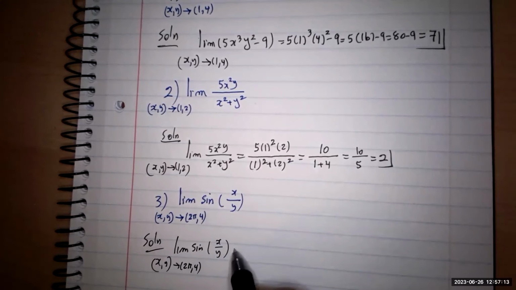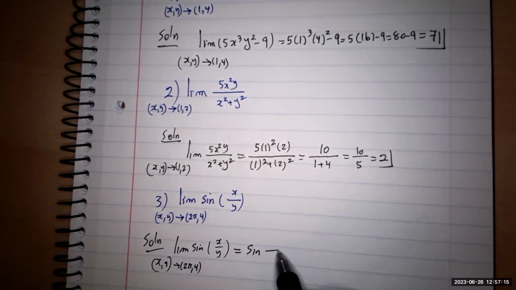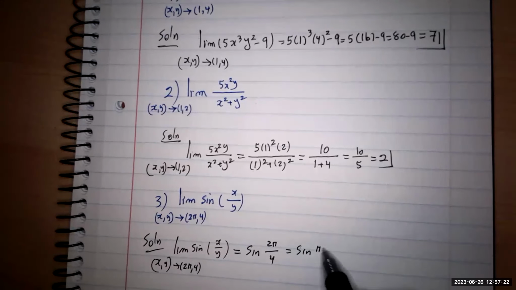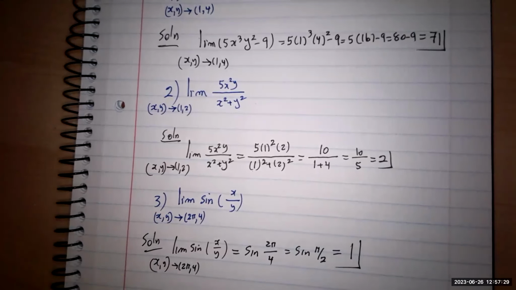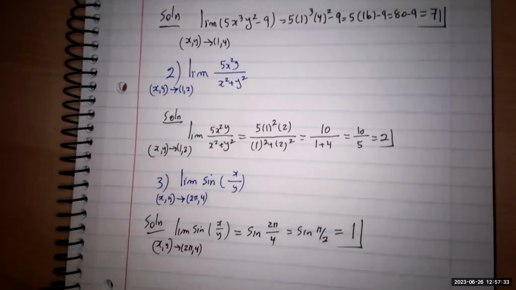Substitute, x is 2 pi, y is 4. So it's sine of 2 pi over 4, which is sine of pi over 2, which is equal to 1. So don't be surprised. You can do this because that's a real valued function in all of them.